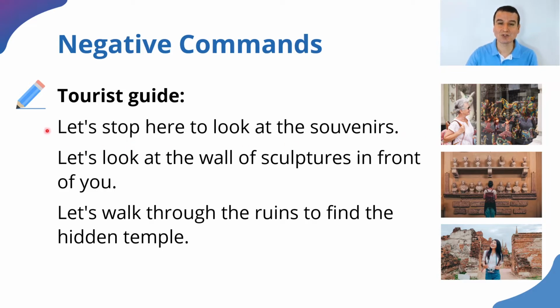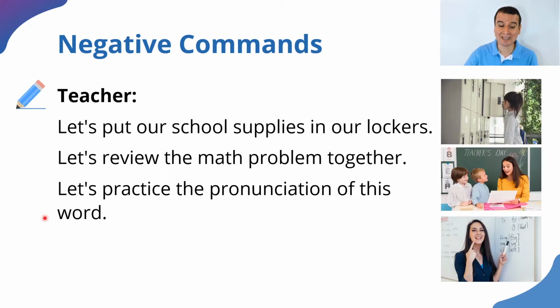They are usually representative of the place where you bought them. Let's look at the wall of sculptures in front of you. Let's do it together. Let's walk through the ruins to find the hidden temple. Nice. And what does the teacher say?